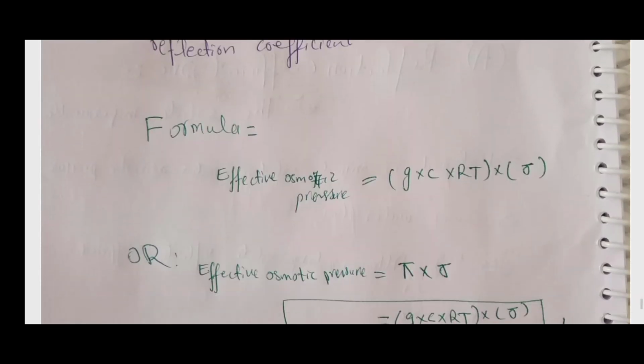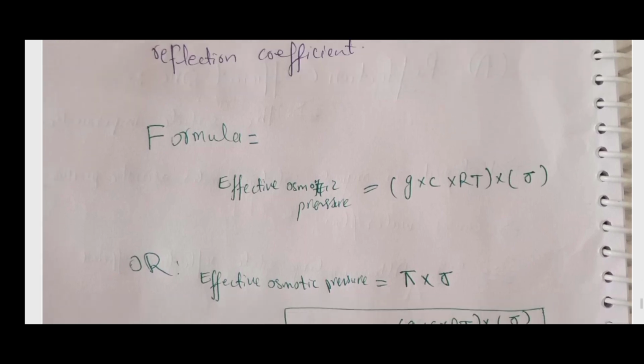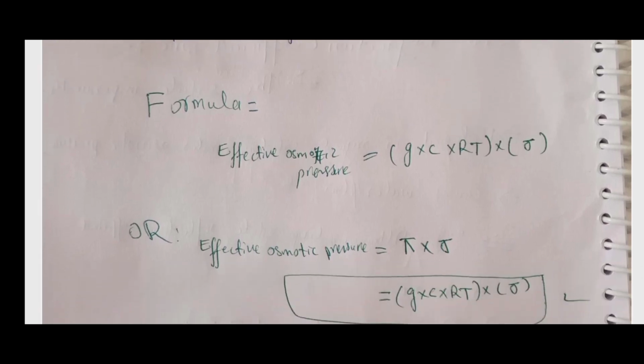You can see the image. The formula for the effective osmotic pressure is equal to G multiplied by C multiplied by RT, multiplied by the reflection coefficient.